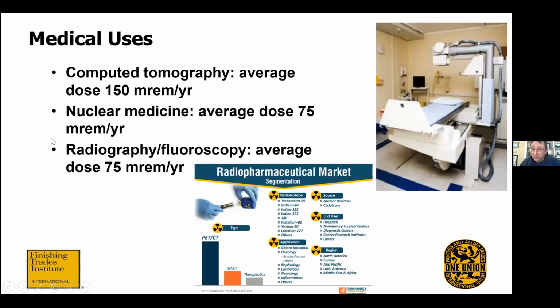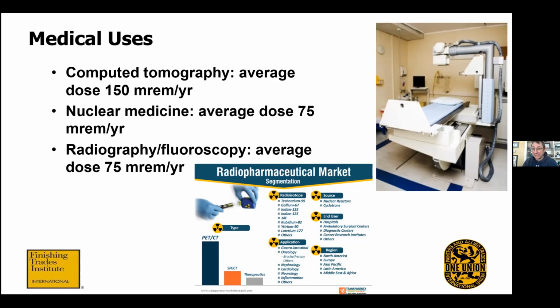Medical uses, a couple of folks mentioned these before. We've got a couple of different types. We've got computed tomography, about 150 millirem a year. Nuclear medicine, those agents that they might put into the body to try to destroy harmful cancer-causing cells, and they kill our good cells too.